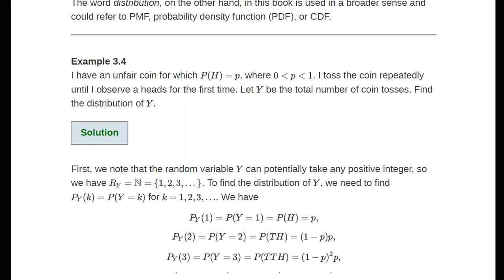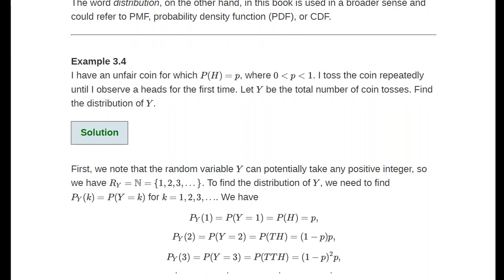Another example: if you have an unfair coin for which P(H) equals p, where p is between 0 and 1, and you toss the coin repeatedly until you observe a head for the first time, let Y be the total number of coin tosses.